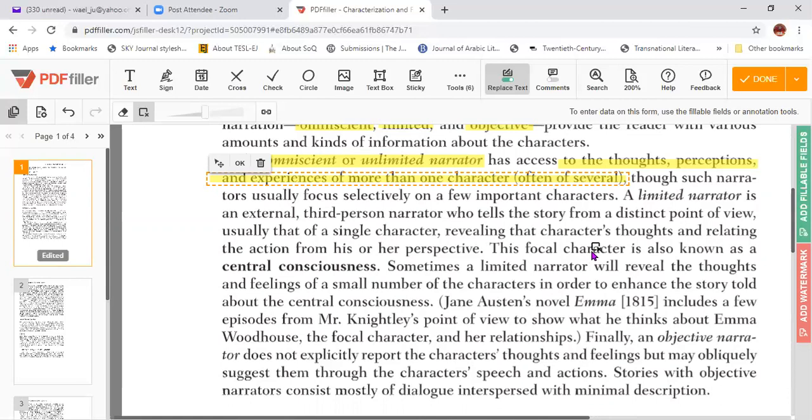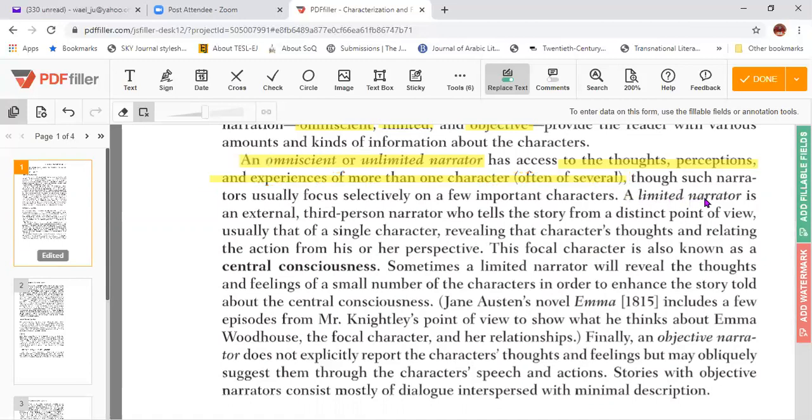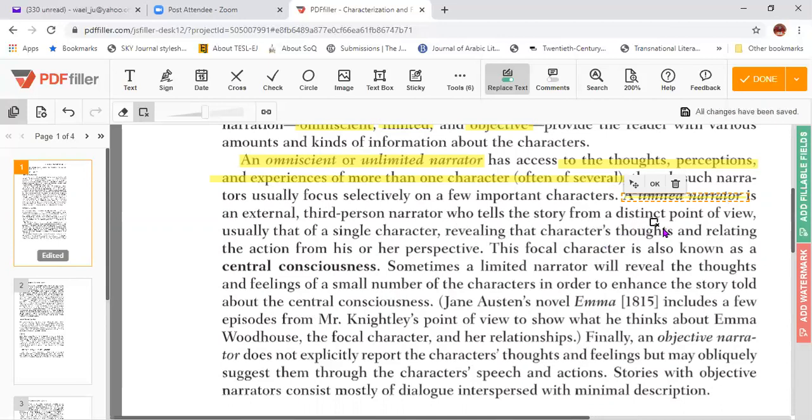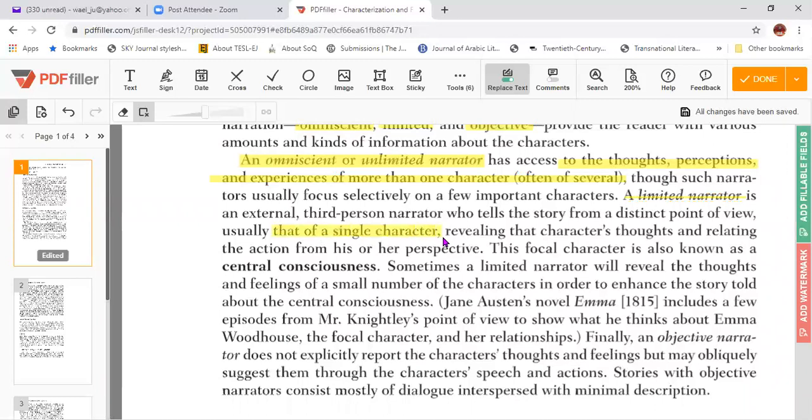Now look at the limited narrator. The limited narrator, on the opposite side, has the ability to tell the story from a distinct point of view, usually that of a single character, revealing the character's thoughts and relating the actions from his perspective.